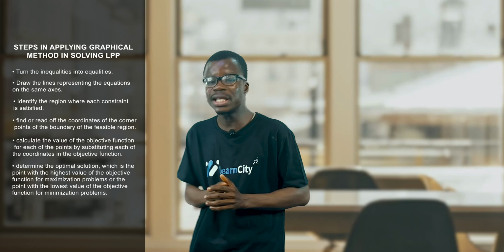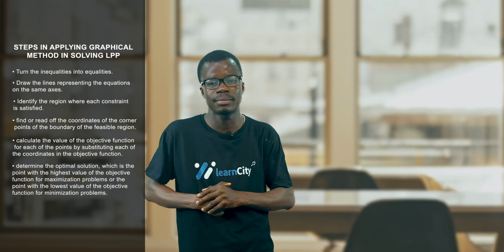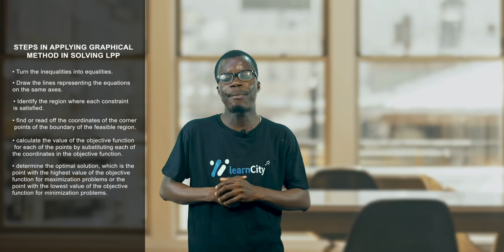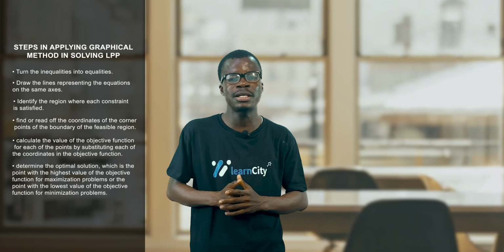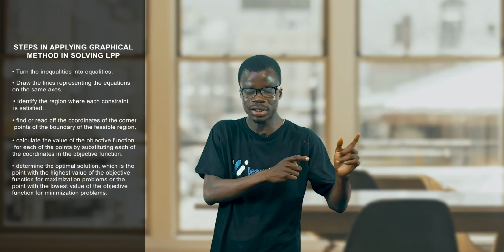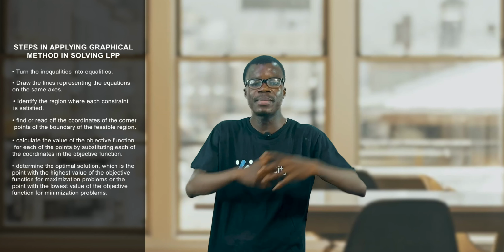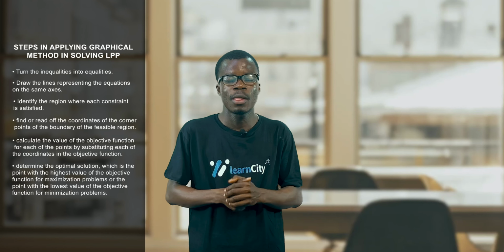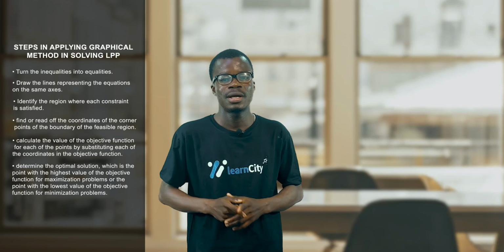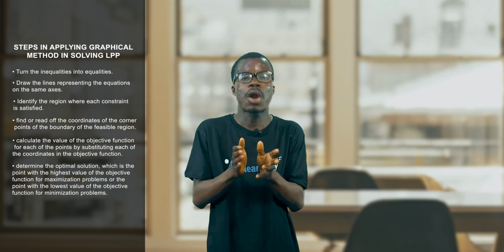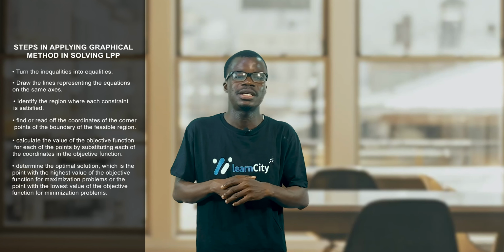Also, correspondingly, if you are dealing with a minimization problem, whatever coordinates of the point, either A or B or C or D, that gives us the lowest value, minimization, cost minimization. All firms want to minimize or reduce their cost. That gives the minimum value or the lowest value of this objective function is what we refer to as the optimal solution. So the coordinates at this point is the optimal solution.